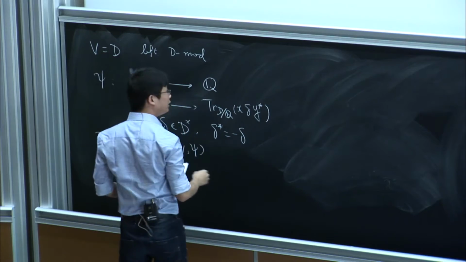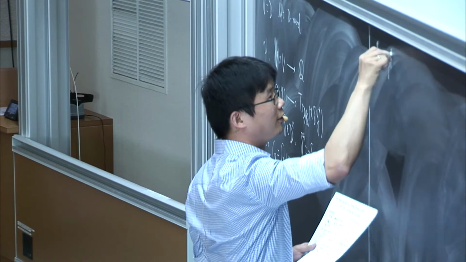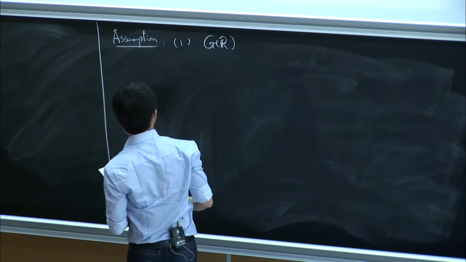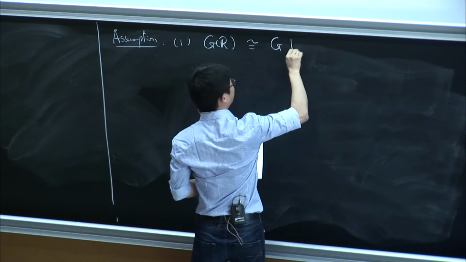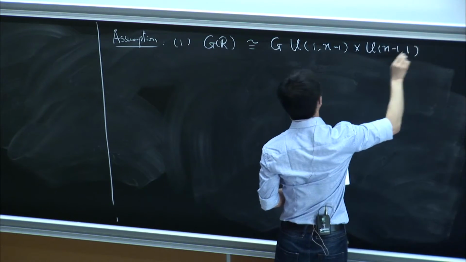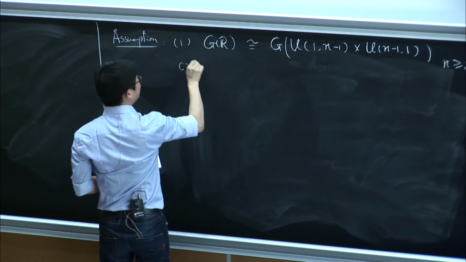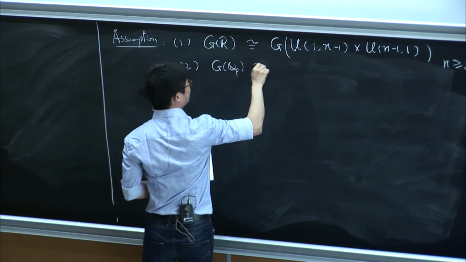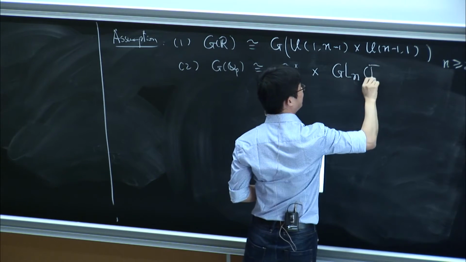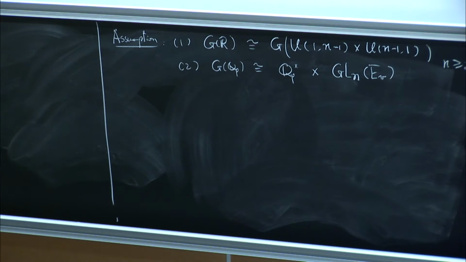Okay, and I make an assumption that the R-valued points of this algebraic group is isomorphic to GU(1, n-1) times GU(n-1, 1) for some n at least 2. And its Q_p points is isomorphic to Q_p cross GL_n(E_v). Okay, so of course the second assumption is a consequence of the assumption that we made on D.